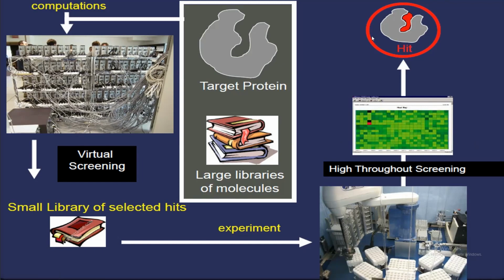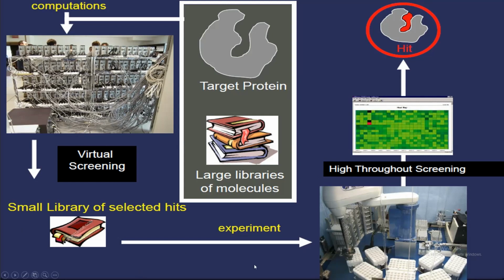So it's always good to have this kind of cycle, so you can also iterate it to increase the possibility to find this hit molecule. And usually this is hit to lead. When you get a hit, then you iterate, it's going to be a lead, then you can iterate, and finally you will get the molecule with the best bioactivity.